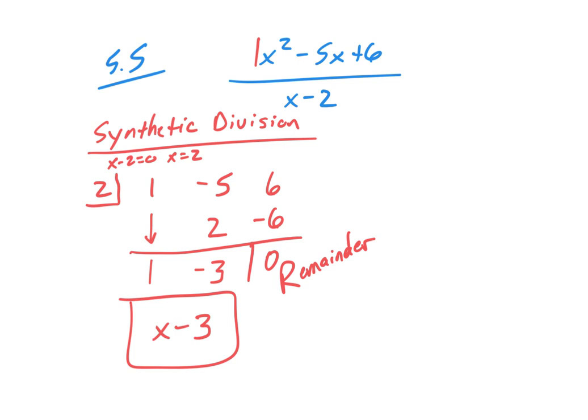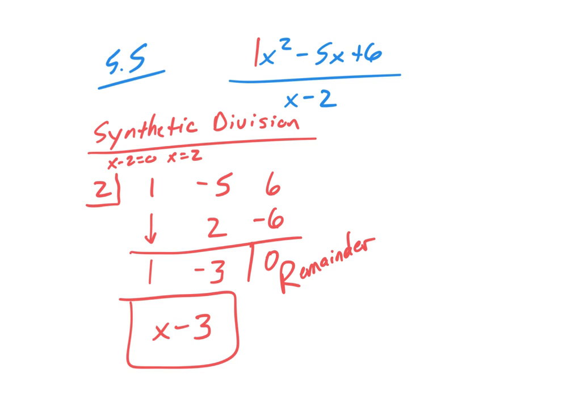Okay, same thing as what we talked about here just a few minutes ago. If I take x minus 3 times x minus 2 and FOIL these two things together, it should get me back to this. That's a way you could check it. Do we have to? Not necessarily, but just understanding what this answer is telling me, that these two multiplied together would get me back to here.